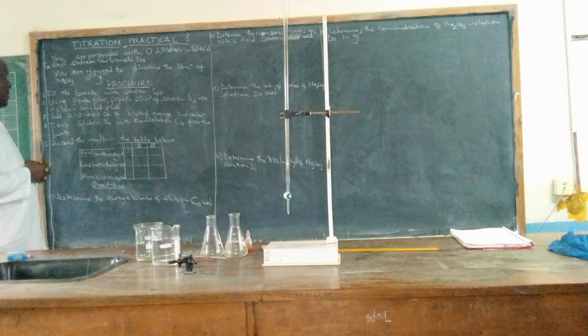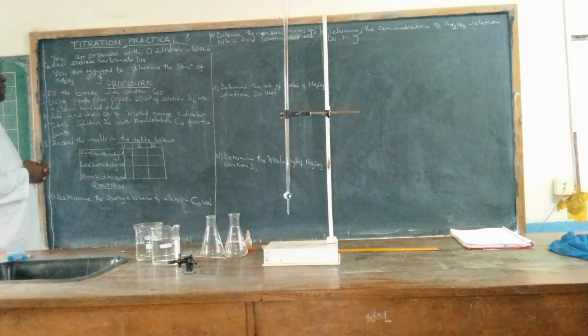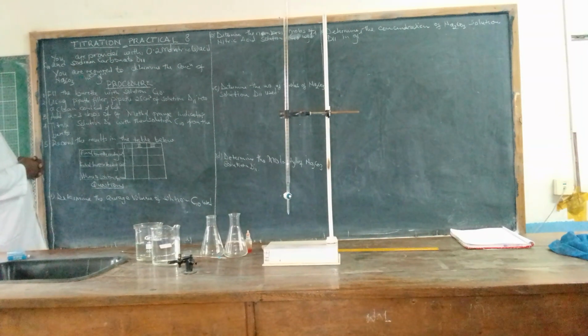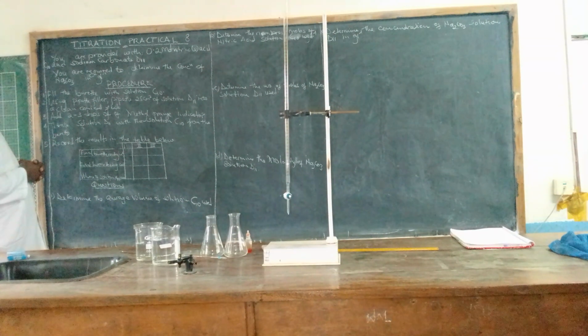Using the pipette filler, pipette 25 cubic centimeters of solution D11 into a clean conical flask. Add 2 to 3 drops of methyl orange indicator. Titrate solution D11 with solution C10 from the burette. Record the results in the table below.